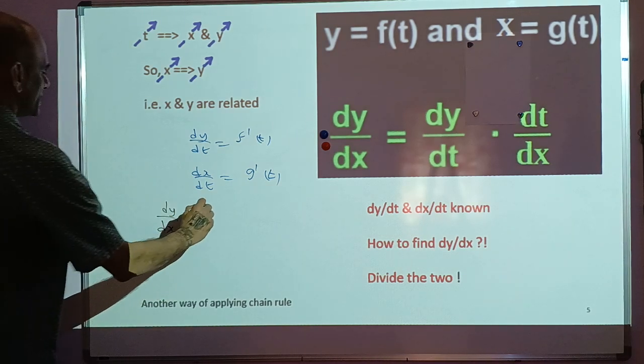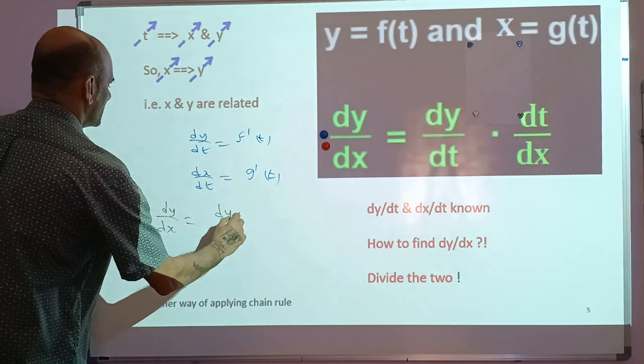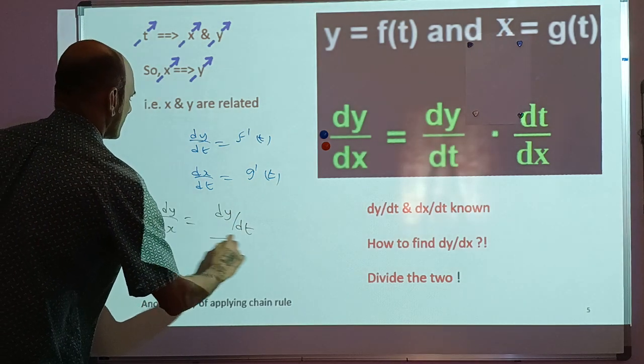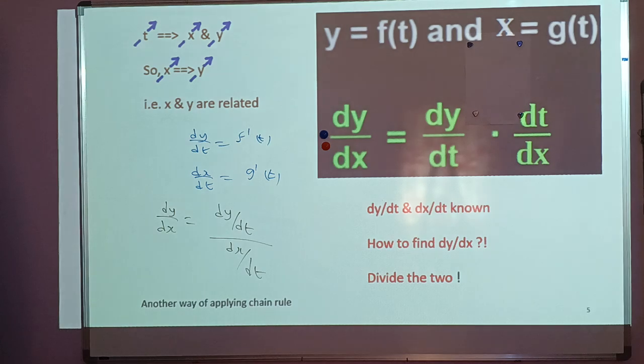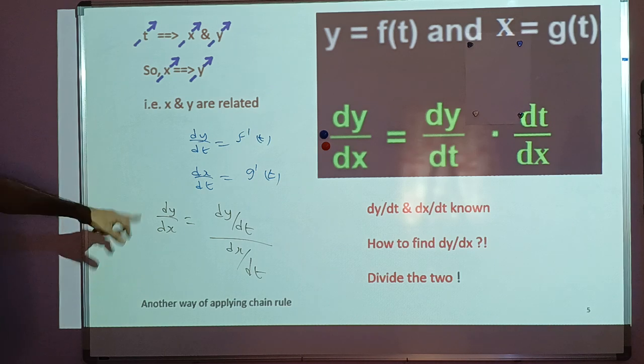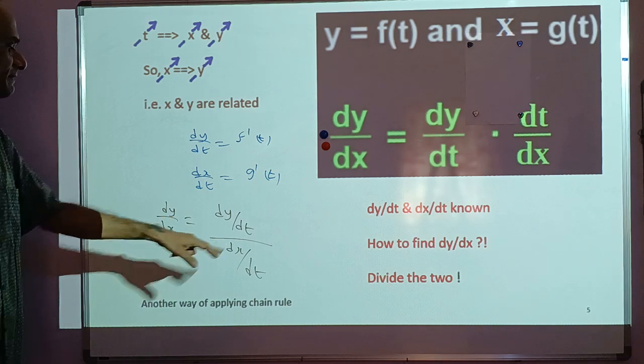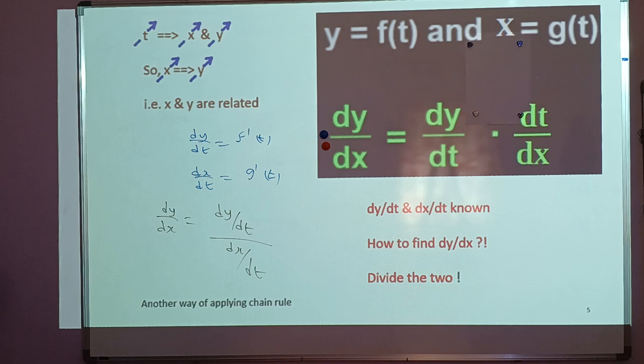So dy by dx can be written as dy by dt by dx by dt, because dt will cancel and give this one. So this is another way of applying this chain rule. To find dy by dx, I just find dy by dt and dx by dt and divide them to get dy by dx.